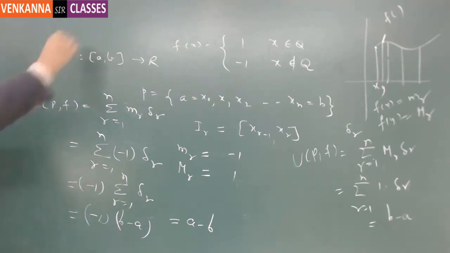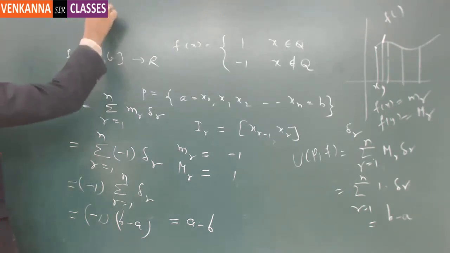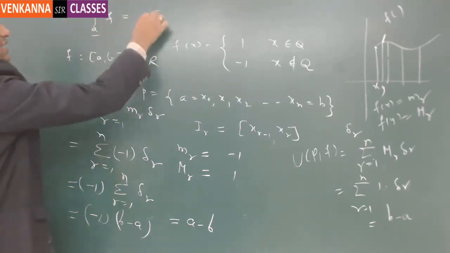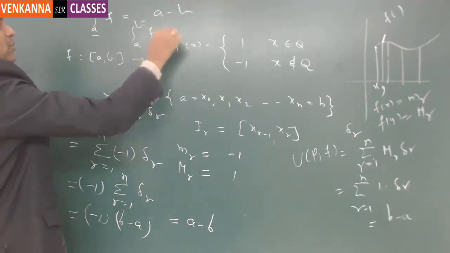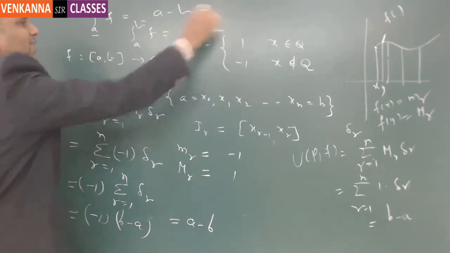So if you calculate the lower integral, integral a bar to b f, it is nothing but a minus b. If we calculate the upper integral, a to b bar f, it is nothing but b minus a.